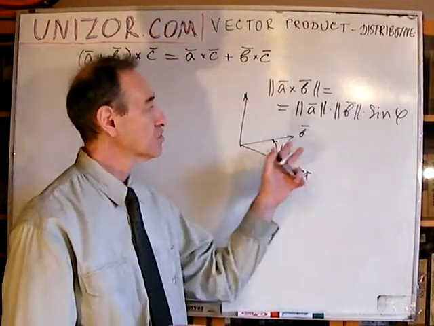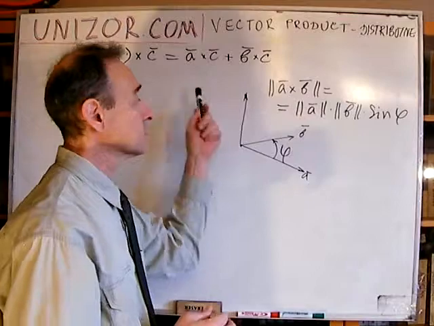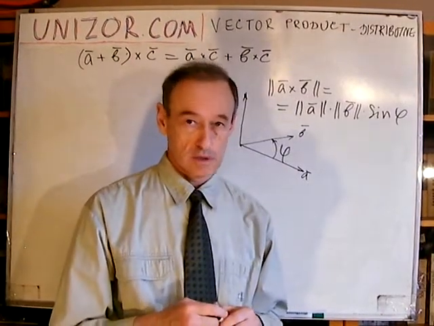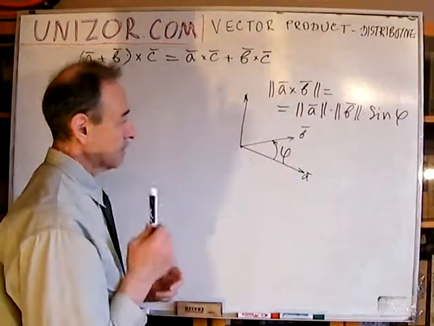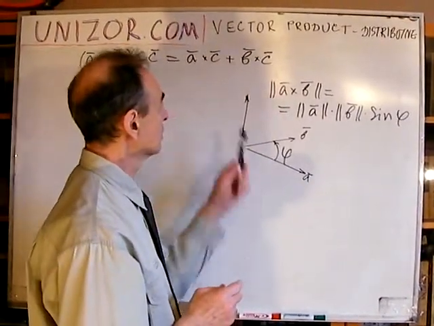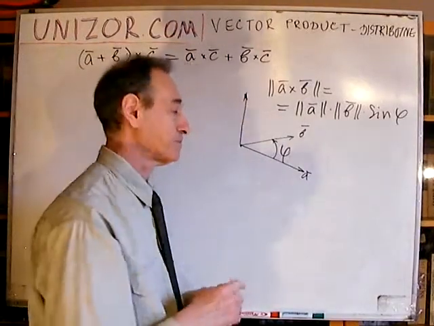So, using this geometrical definition, it's not really obvious that the distributive law holds. This lecture will be about this distributive law, and I will try to prove it in geometric terms, so to speak.